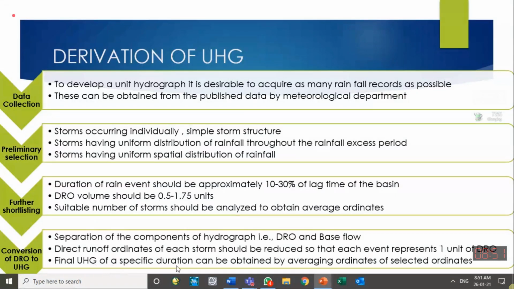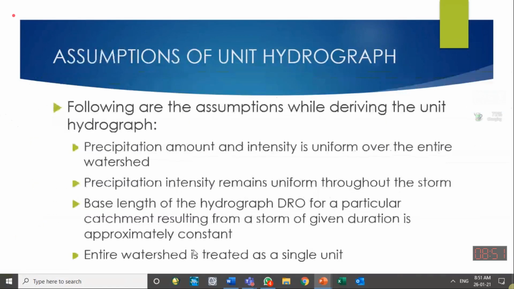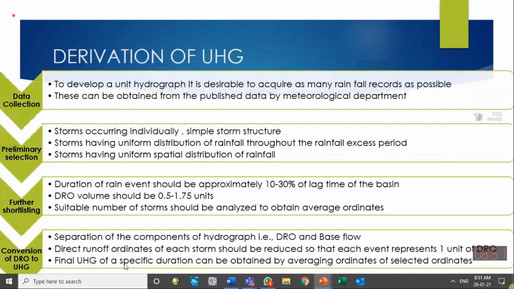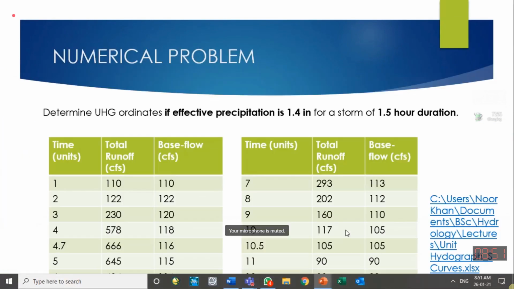The final unit hydrograph of a specific duration can be obtained. If we have done this exercise for a number of storms of the same duration and have a little bit of deviation, then average it out. The final unit hydrograph of a specific duration is obtained by averaging the ordinates of the selected storms. So that is how you carry it out. This is an exercise you have to carry out at home.